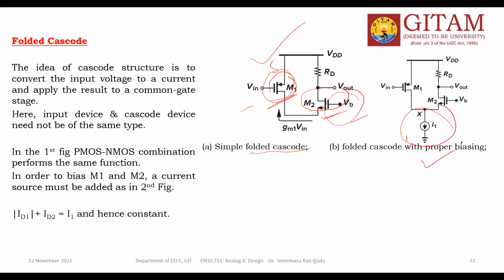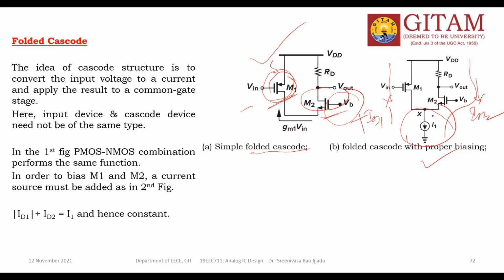If you take the second picture, for example, this PMOS current is the magnitude of ID1, because the PMOS current is negative. The current in the PMOS device is negative, the current in the NMOS device is positive. That's why I put the modulus. And this current is ID2, of course.